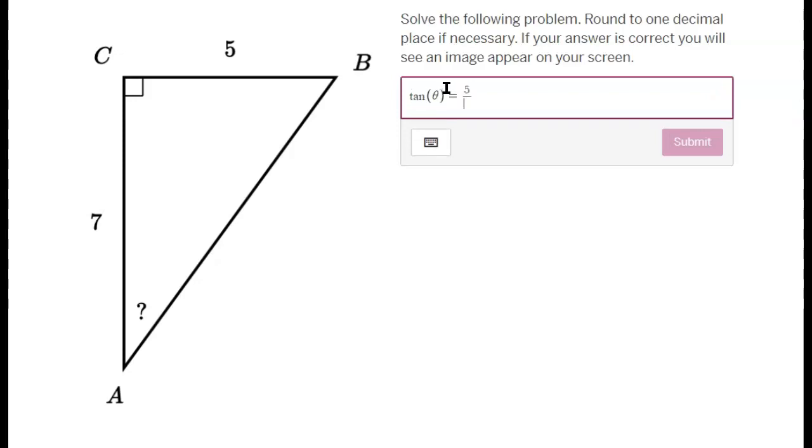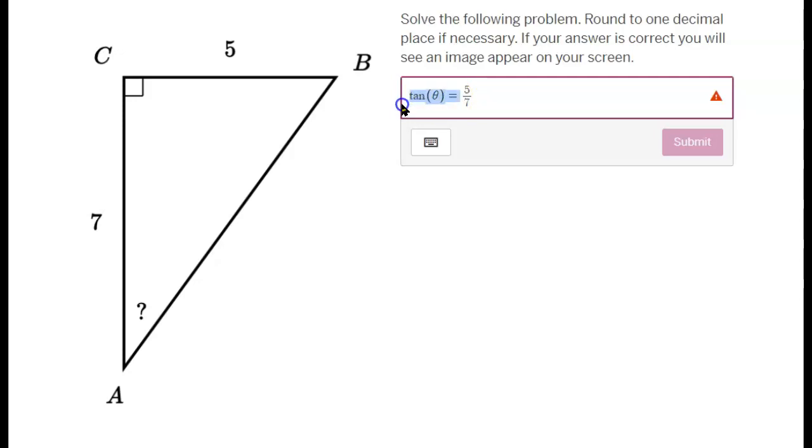Since I have the opposite and the adjacent, I can use the ratio 5 divided by 7 in order to determine what the value of the angle is. I'm going to need to use the inverse tan.